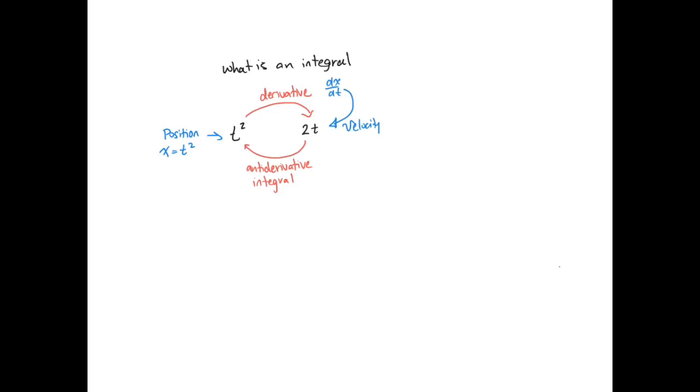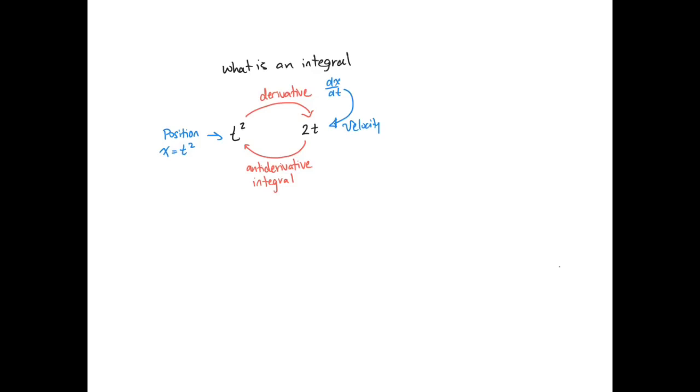But let's say you know your velocity, so your velocity is a known entity, and you want to figure out what the position is when you know the velocity. In that case, you need to take the integral or the antiderivative.